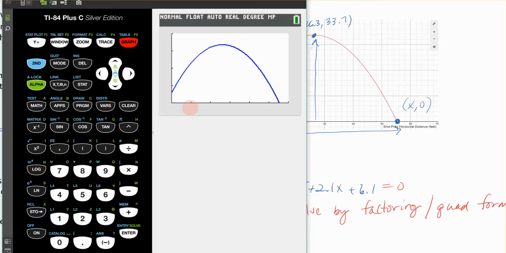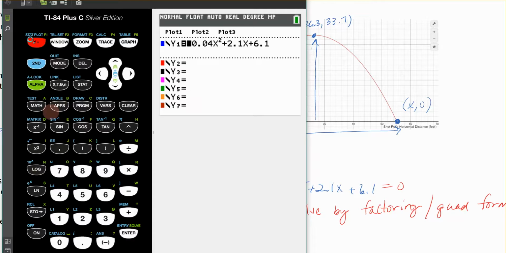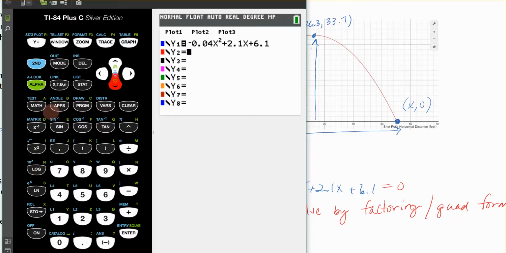The point I'm interested in is the point that's over here where it touches the x-axis. Now in order to get that point, the intersection of that point and the x-axis, I have to do one extra step on my graphing calculator. I want to use the intersection option of my graphing calculator, but it has to find the intersection between two lines or curves.